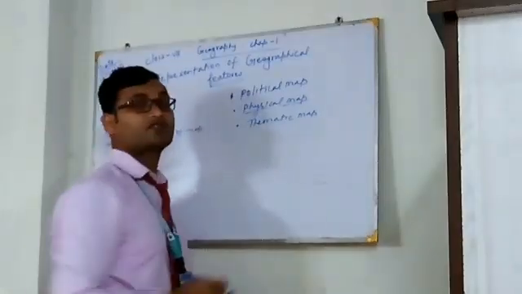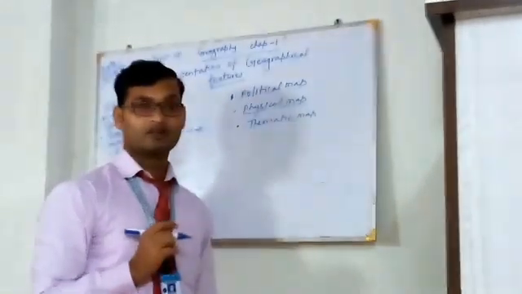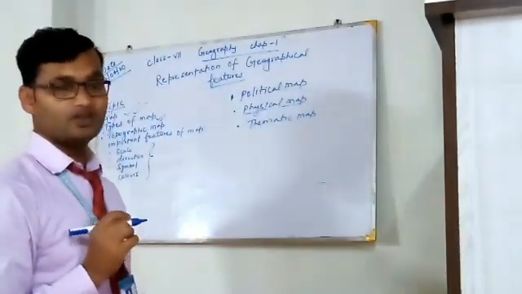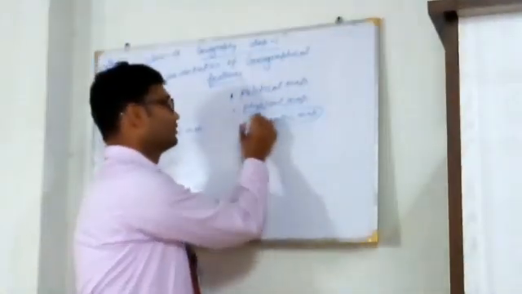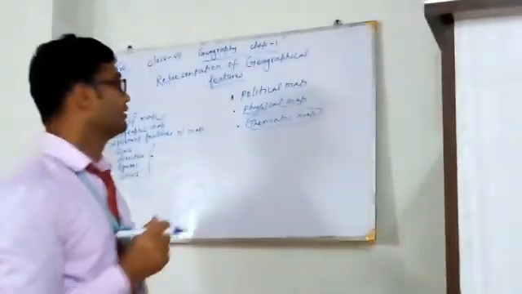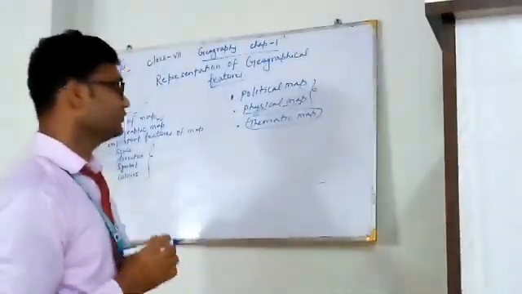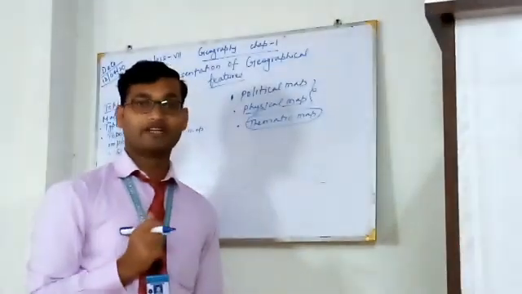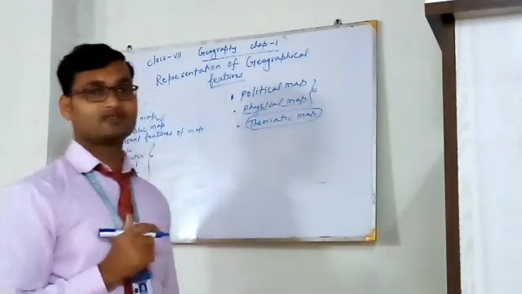Physical map shows the physical features of the earth surface like mountains, plains, plateaus, water bodies, etc. Thematic map shows everything except these two, like distribution of rainfall, distribution of forest, distribution of vegetation, etc.